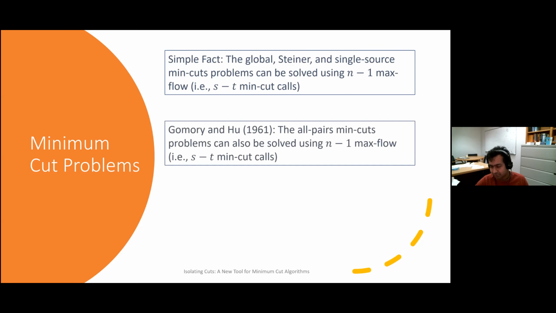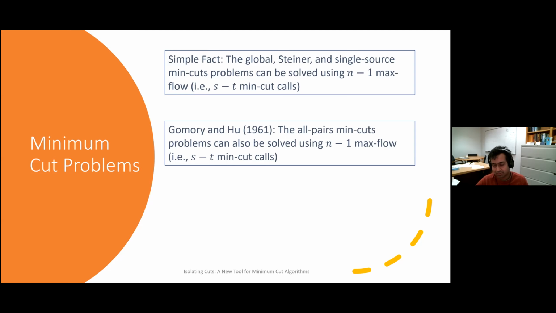Now, in a really remarkable early result, Gomory and Hu 60 years ago showed that even the all pairs min cuts problem can be solved using n-1 max flows. This is surprising because the all pairs min cuts problem is asking for n choose 2 cuts, a quadratic number of cuts, whereas all I'm doing using n-1 max flows is finding just a linear number of cuts.